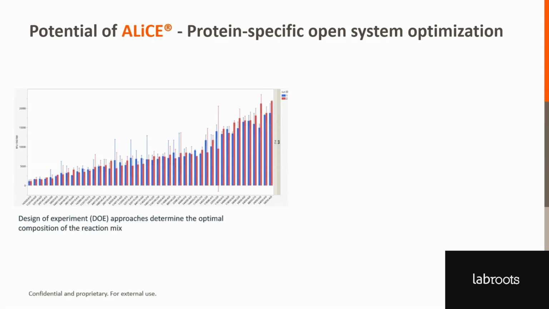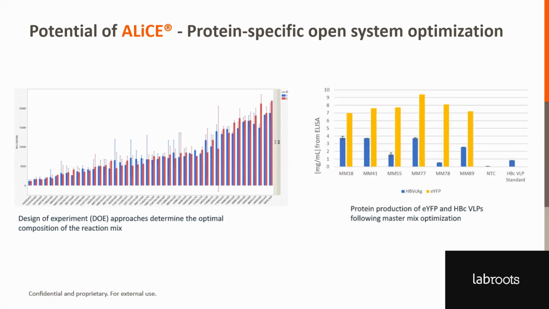We can show quite neatly that depending on the composition of the reaction mix, these different recipes listed on the x-axis here, we can really tune the yield of the proteins produced. In this case, it's EYFP, shown by the relative fluorescence units. Just by tweaking some of the small molecule composition, you can triple, double, or totally ablate the expression potential in the system.